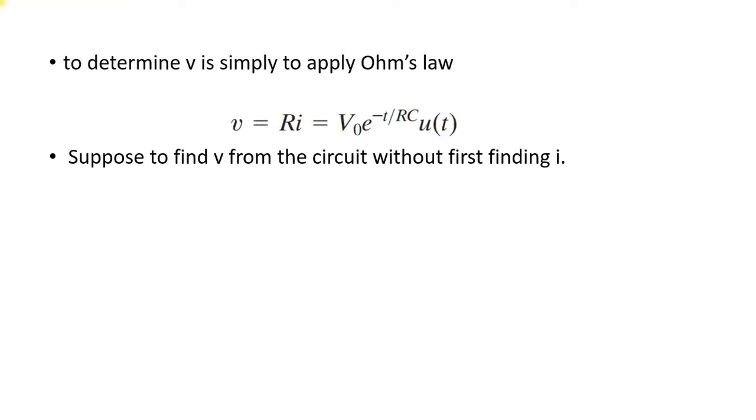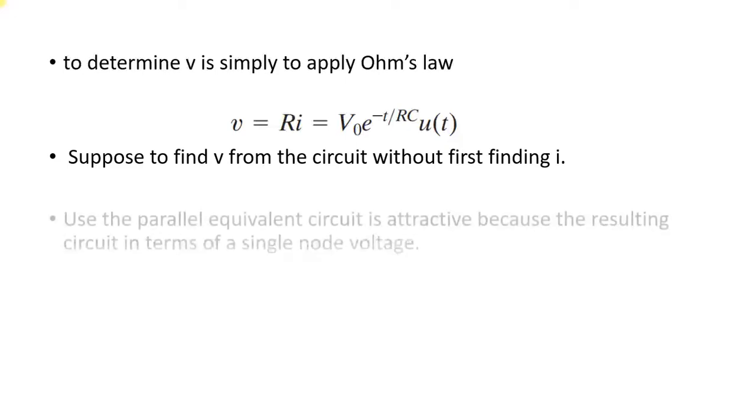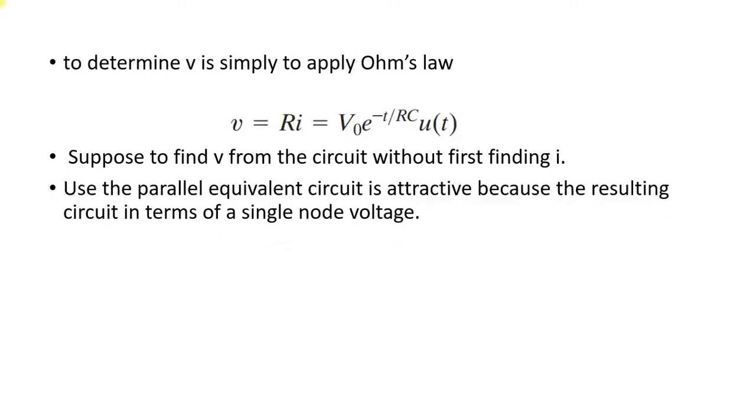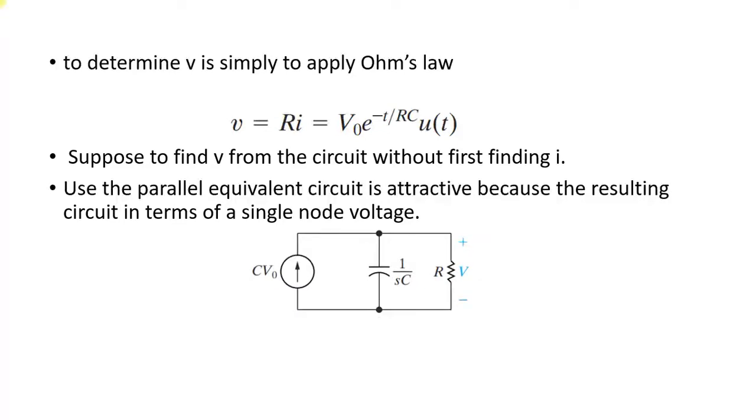Suppose for a circuit I first want to find the voltage instead of the current. Then I prefer the parallel equivalent circuit of a capacitor in the S domain. The corresponding circuit looks like this. If it is a series circuit, you apply KVL.